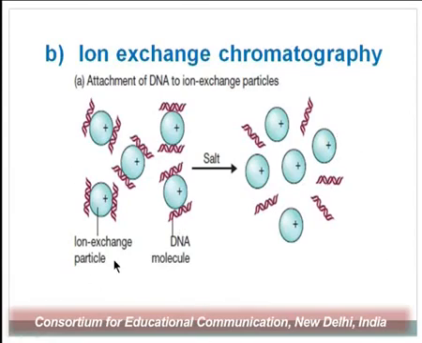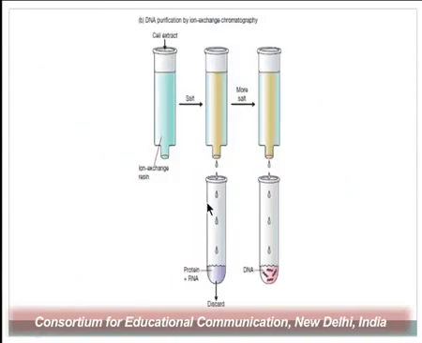We can just directly add the DNA molecule into the resin, or more importantly use columns. In a normal syringe, you can pack the syringe with an ion exchange resin, and then put your solution onto it. As you can see, the solution will gradually settle here, and then you use salt concentration. When you use a lower salt concentration, the loosely bound molecules will come out and can be collected.